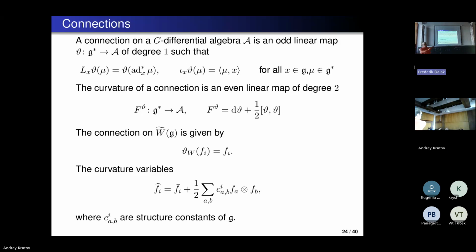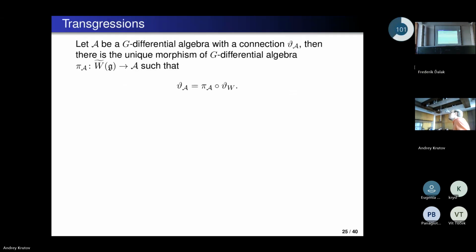So this is the role of these hat variables that appeared before, and moreover, all our Weil algebras that appeared before are quotients of this one. That's why if we recover information about this one, we can play some nice commutative diagrams. Then the theory of transgressions could be formulated in the following manner.